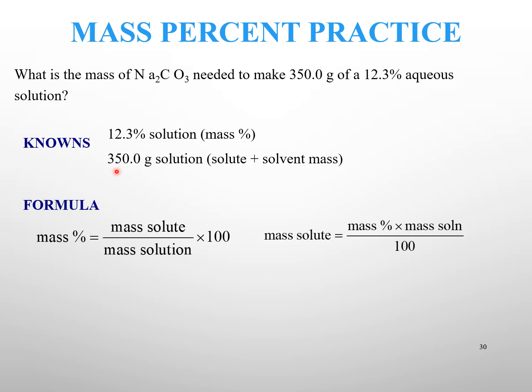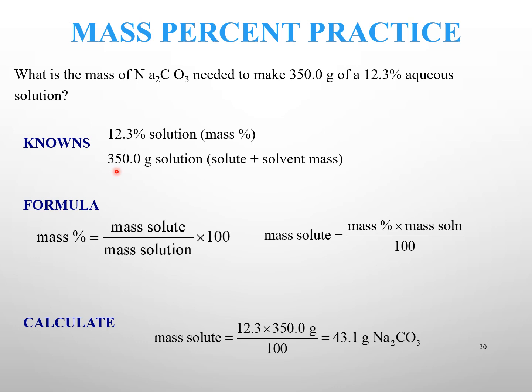So if you know you have 350 grams of solution, you can use the fact that 12.3 means 12.3 grams of the solute here, and then in every 100 grams of the solution.